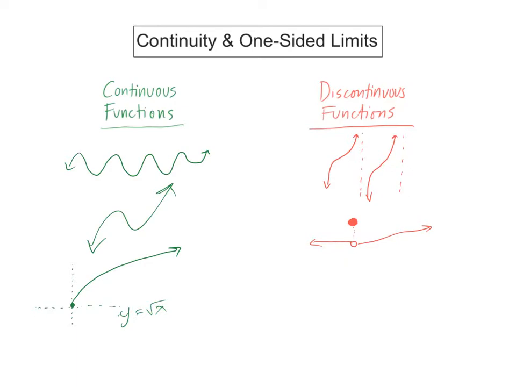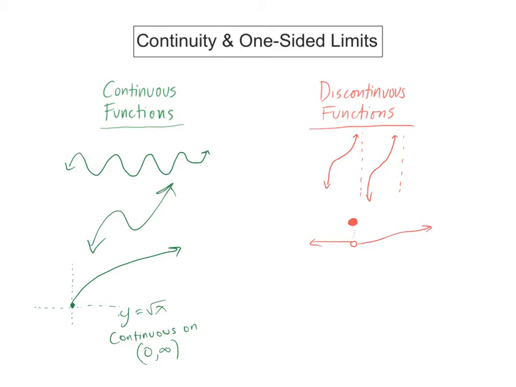This is continuous on the interval 0 to infinity. It's kind of like when you had to tell what the domains are, and a lot of times the domain might be the places where it's continuous, but it's continuous where it's defined. It starts at 0, and there are no holes or breaks moving to the positive side. It just doesn't exist on the left, so it's only continuous there.